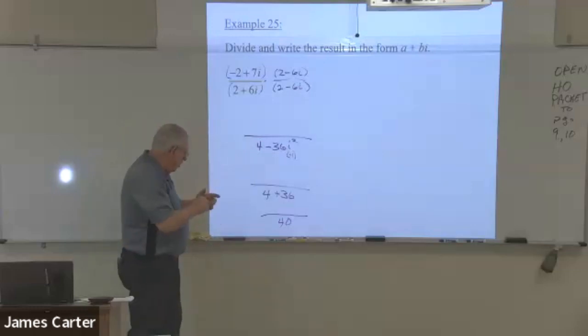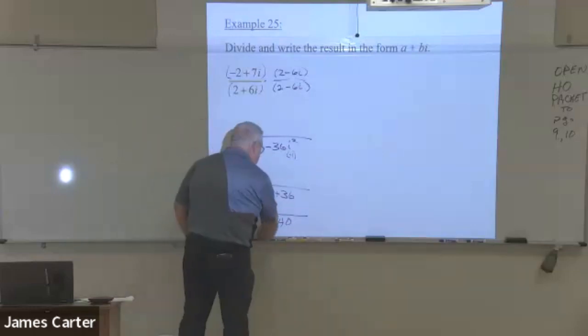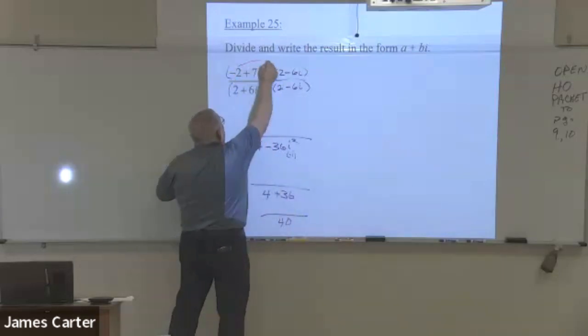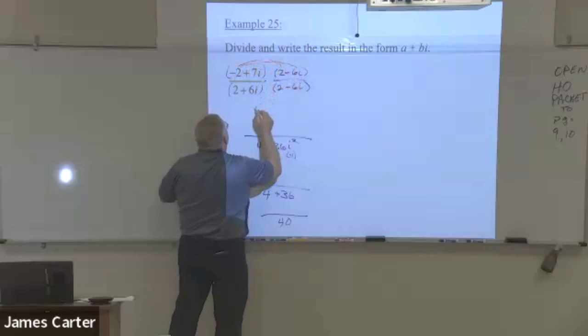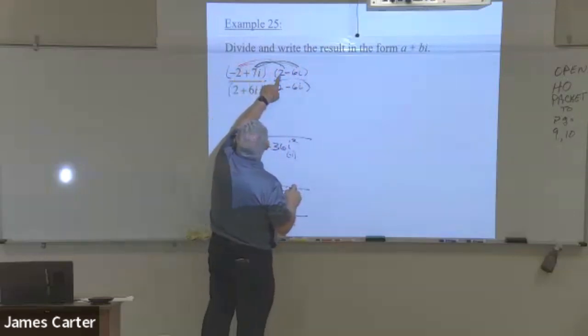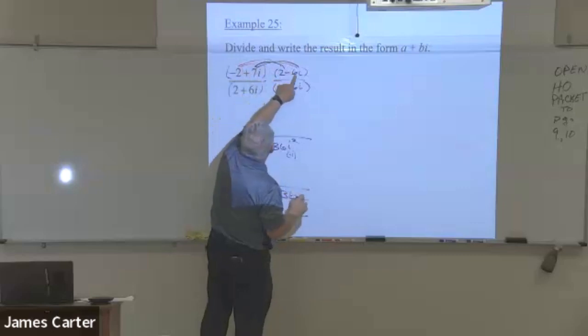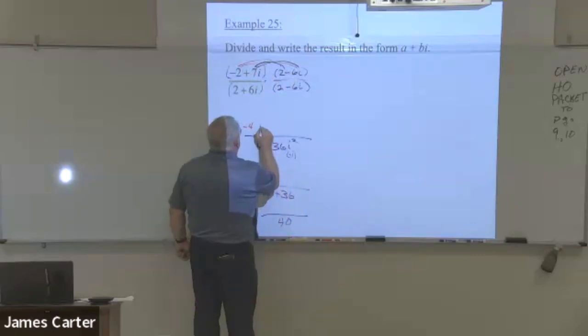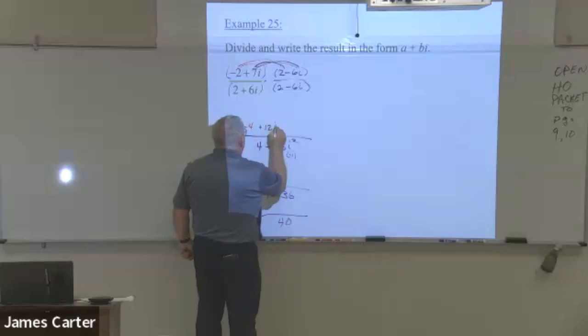Then I still got to work the numerators. Now they can get nasty. This one I just have to distribute here and there. So that gives me, okay, this one times that, this one times that is positive 12i.